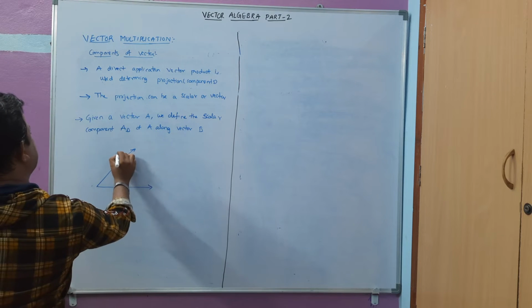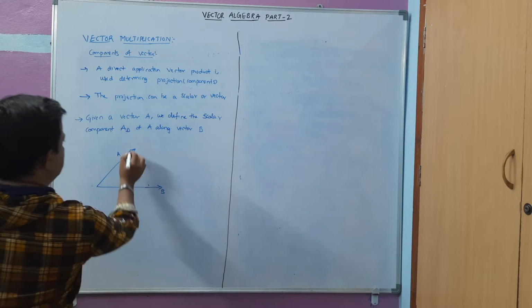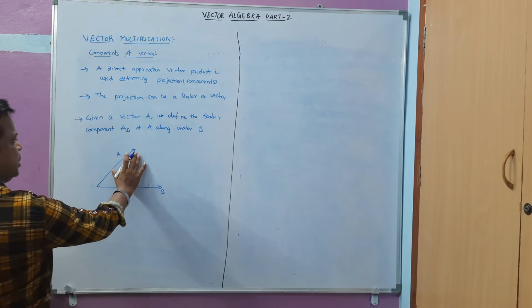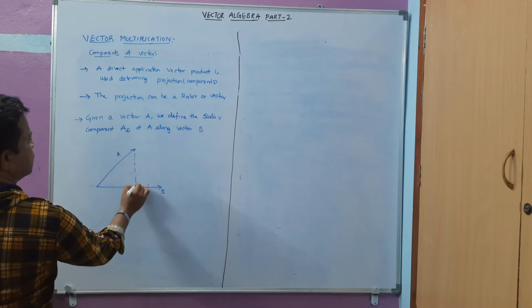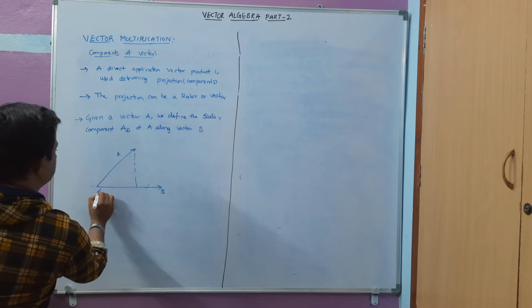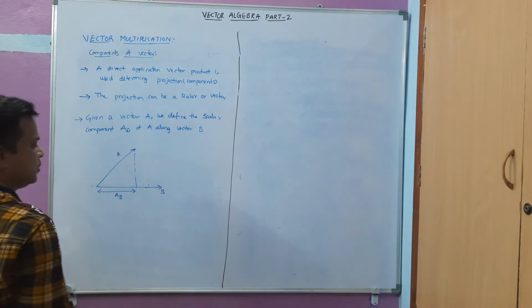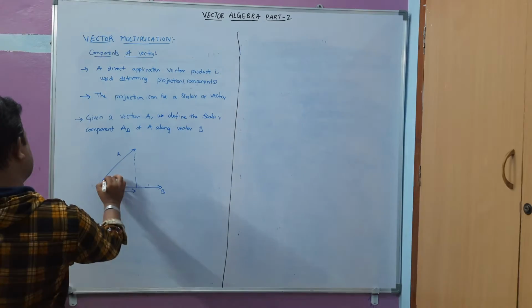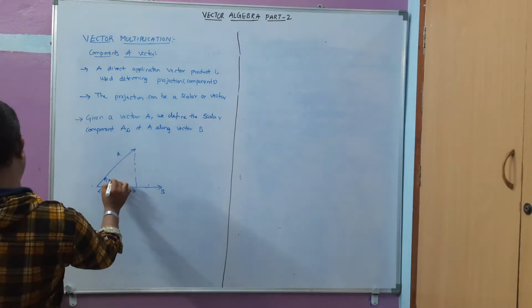So this is the A vector and this is the B vector here. So now I am going to take the projection of this A vector onto this vector like this. Okay, so this is the projection of A vector on the B vector. Okay, so this is given as AB, theta of AB.